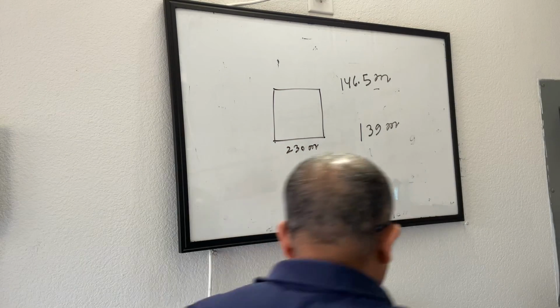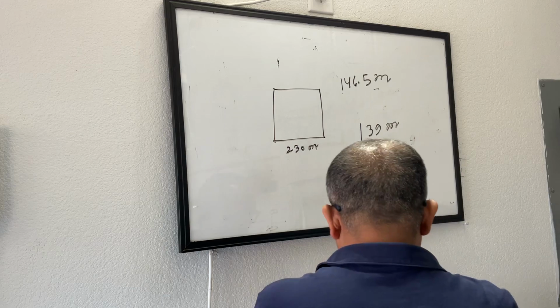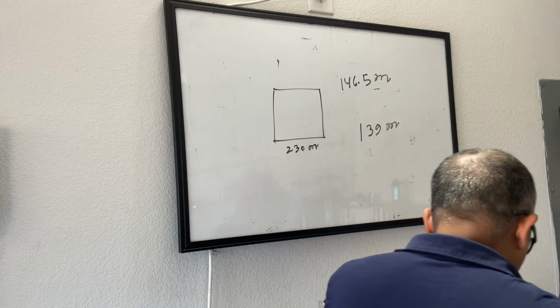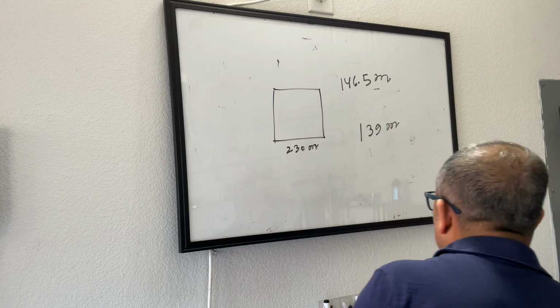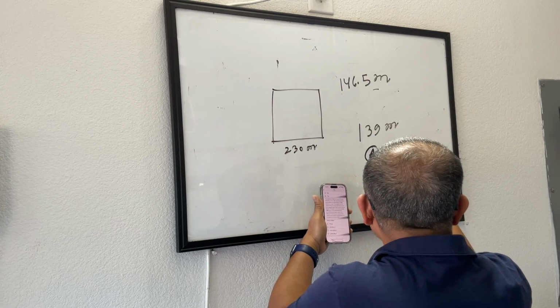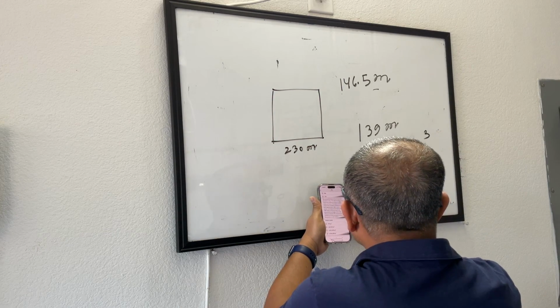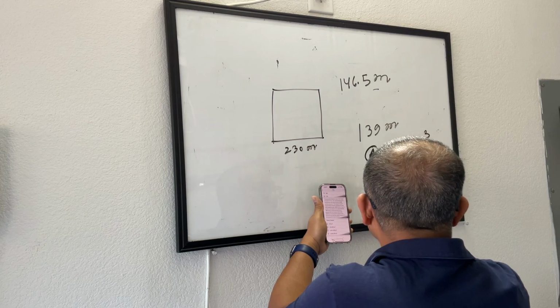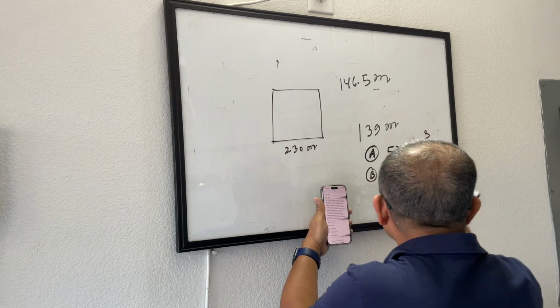Let me put down the options. The options given are option A is 575 meter cube. Option B is 132,250 meter cube.